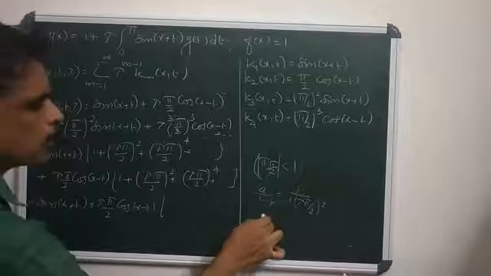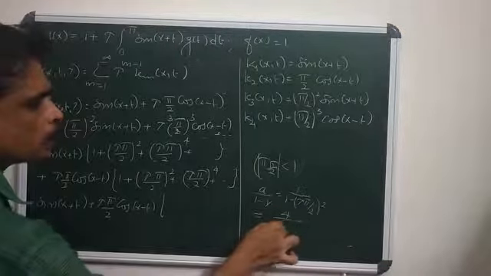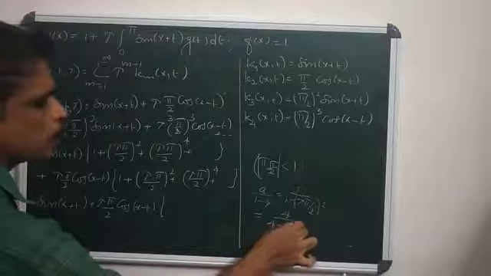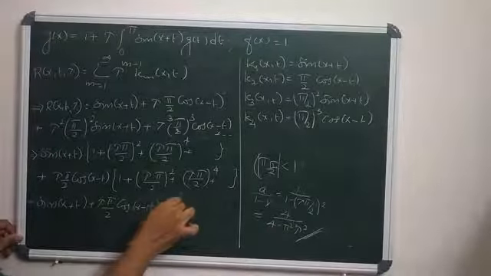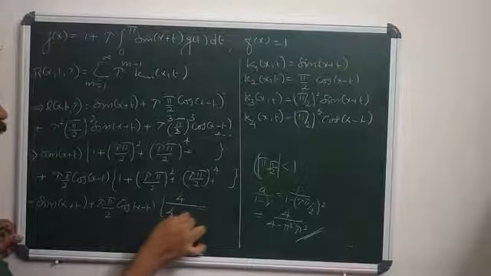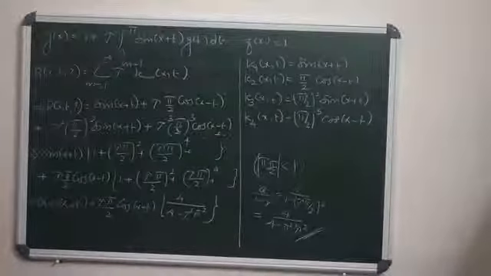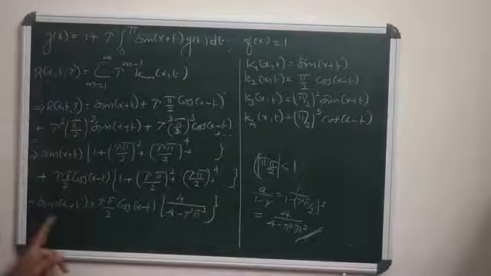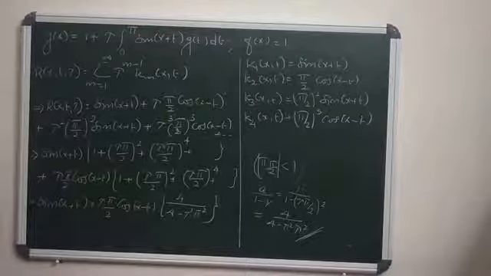So a/(1−r) means it is 4/(4−λ²π²). So r(x,t,λ) is nothing but sin(x+t) plus λπ/2 cos(x−t) into 4/(4−λ²π²).